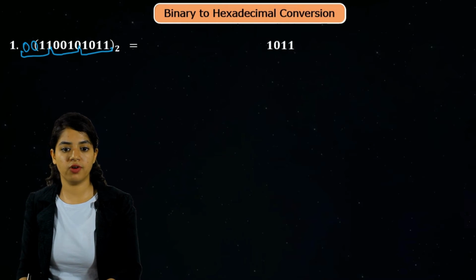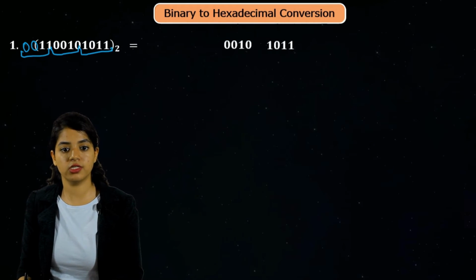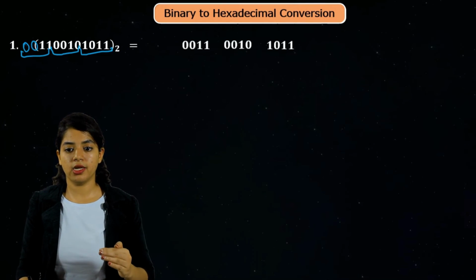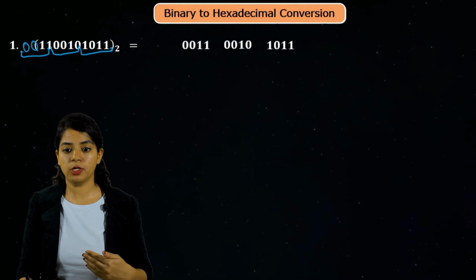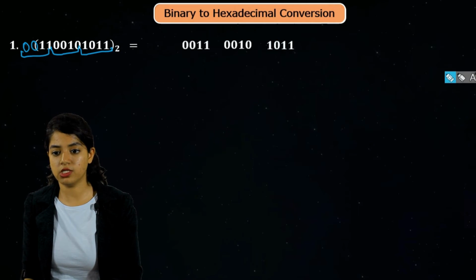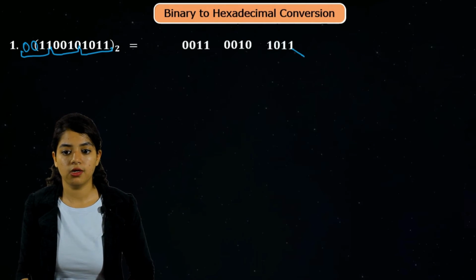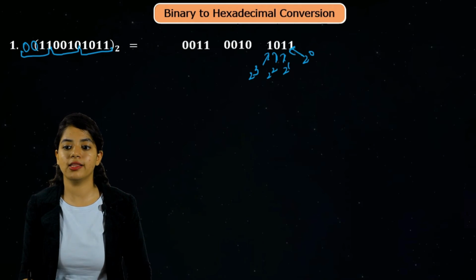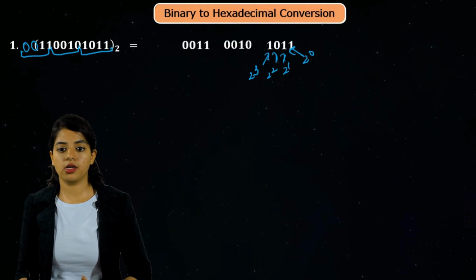First 1011, then 0010, and then 0011. This binary number is converted into decimal number. You know how to convert this. Here we will multiply with 2 power 0, 2 power 1, 2 power 2, and 2 power 3, and that's how we will get our corresponding number.